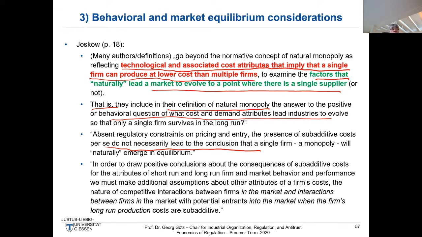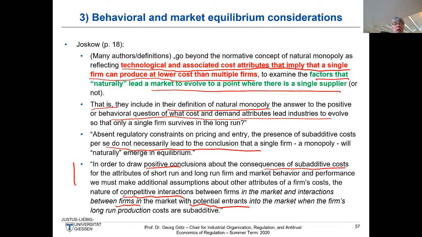And what we do in the next step is not address the normative question of whether we should have one, but the positive question of whether subadditive costs will lead to a market where we have only a single firm. That depends on the competitive interactions between firms in the market and potential entrants.